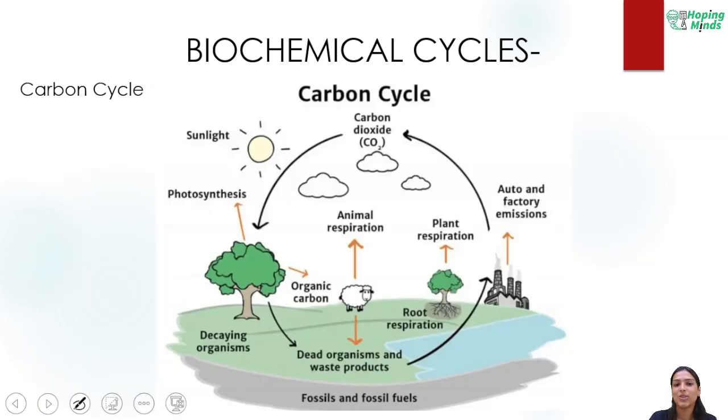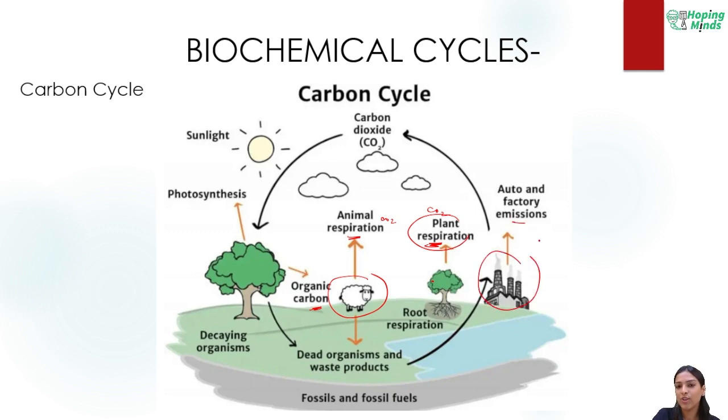Coming next to this cycle in a pictorial form, look over here. This little fellow will do respiration, with which it will use the oxygen that was coming from here and will leave carbon dioxide. These plants will also do respiration. Note, it's respiration. So the animal respiration will also release CO2, the plant respiration will also release CO2, and this industrial emission will also release a lot of CO2 and a lot more things.